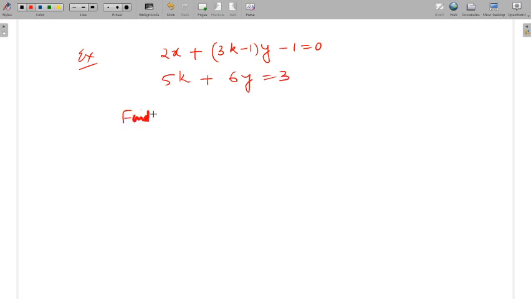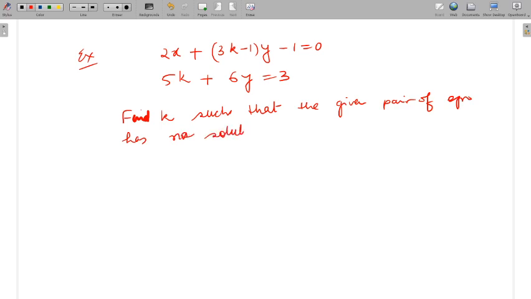Find k such that the given pair of equations has no solution. Solve it.